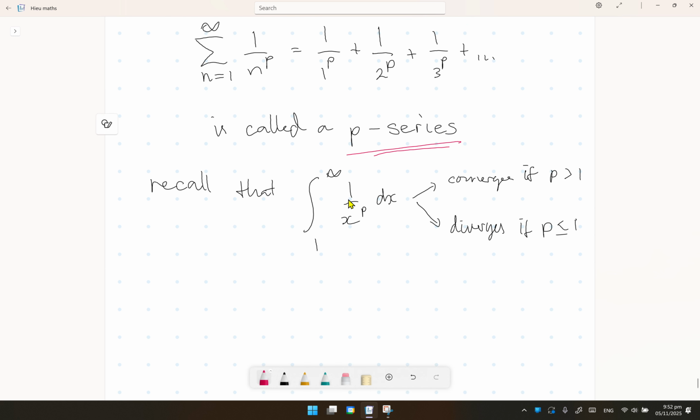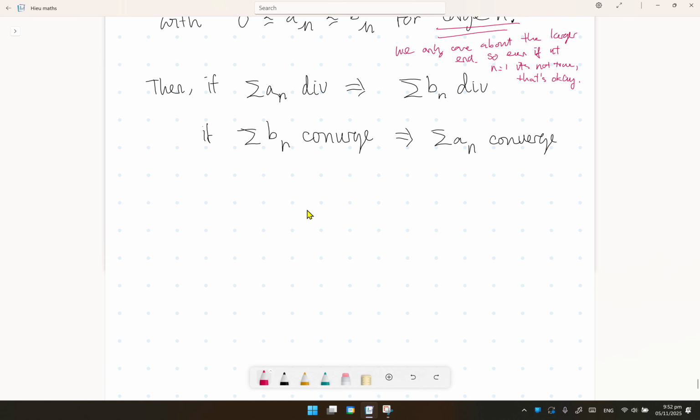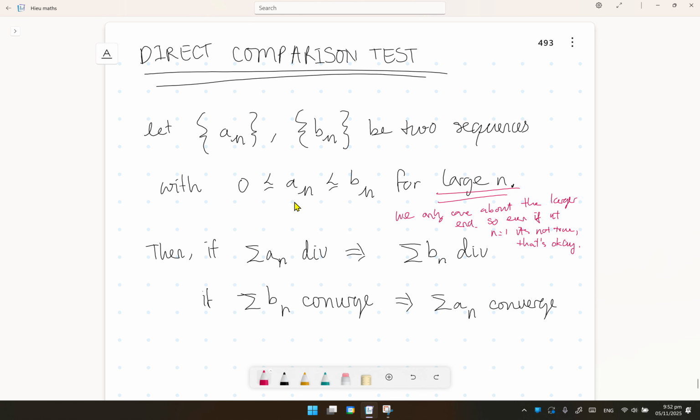And I want to bring to your attention that there is another test, called the direct comparison test. This is similar to comparing improper integrals or the squeeze theorem, if you saw my previous videos. Basically, let's say you had a sequence A and a sequence B, and sequence A is smaller than sequence B, and they're both larger than 0. So if sequence B is convergent, if sequence B goes down, then sequence A must also go down.